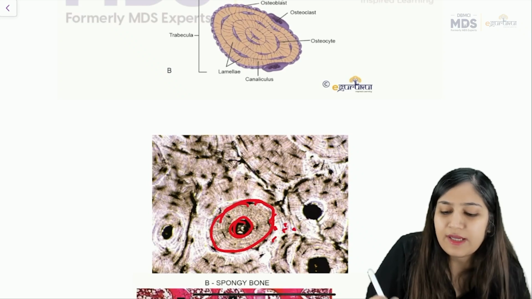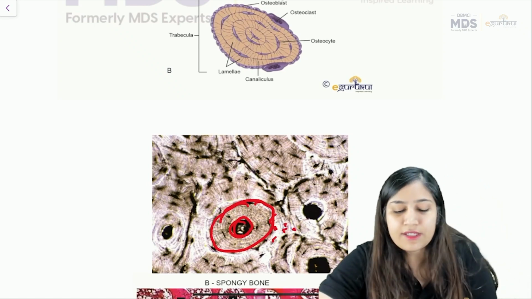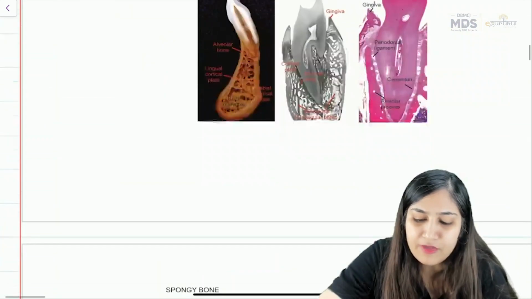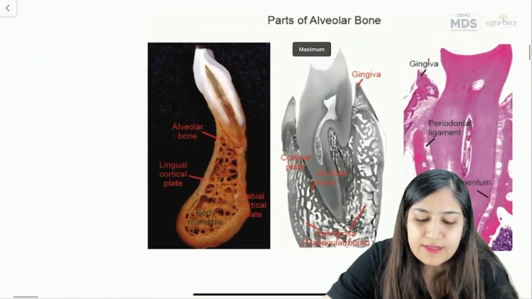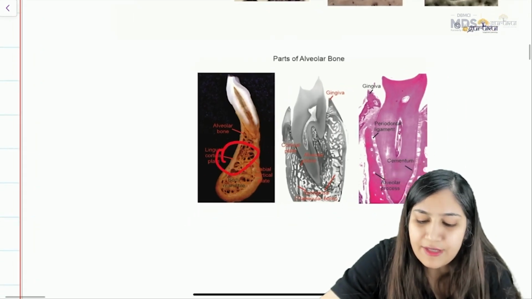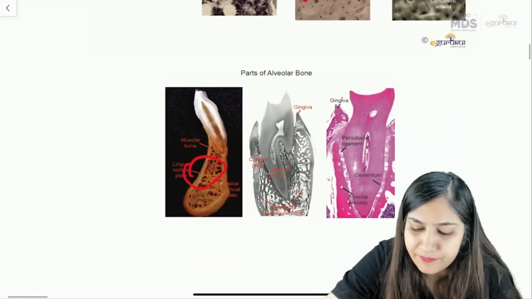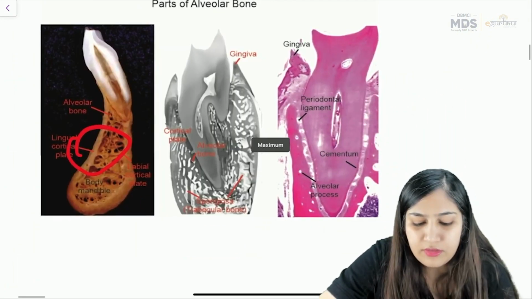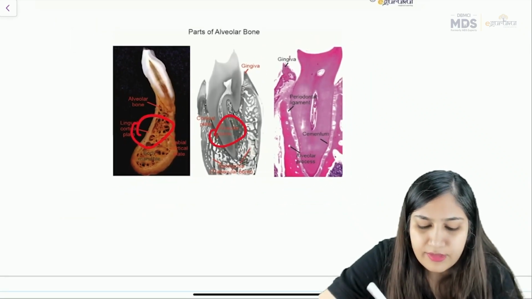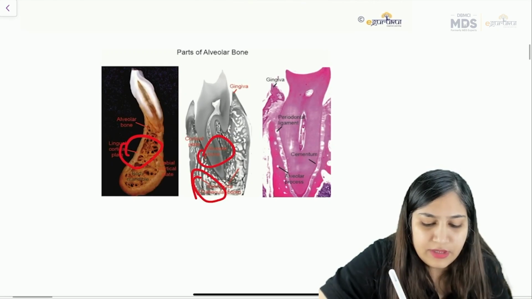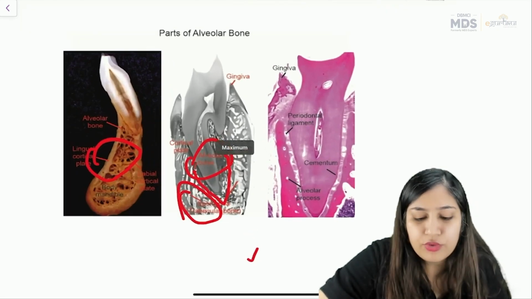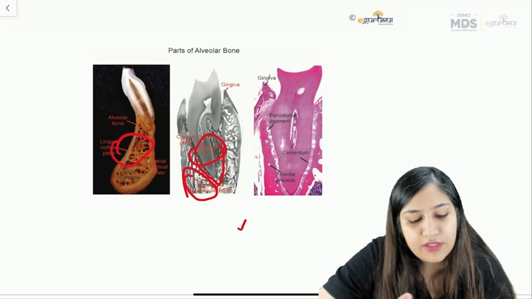In between the concentric lamellae, we have interstitial lamellae, and surrounding that we have circumferential lamellae. Parts of alveolar bone. In this diagram, we can easily appreciate the cortical plate, sieve-like arrangement of cortical plate. This is alveolar bone. This is cancellous bone. Here, radiographically, you can see a white line surrounding the root of the tooth. That will be our lamina dura.